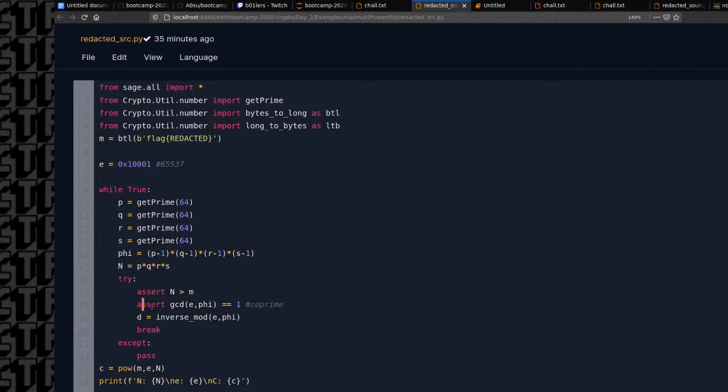Then we'll check that it's coprime. And then we'll calculate d, the inverse mod. In Sage, that's how we calculate modular inverses. We'll say inverse_mod, our value that we want to get the inverse of, under which modulus, which will be phi in this case. And then we just encrypt it here, m to e mod n.